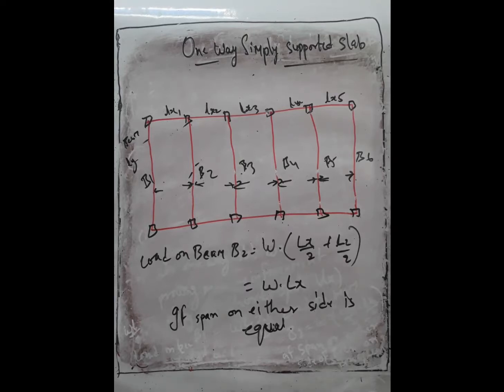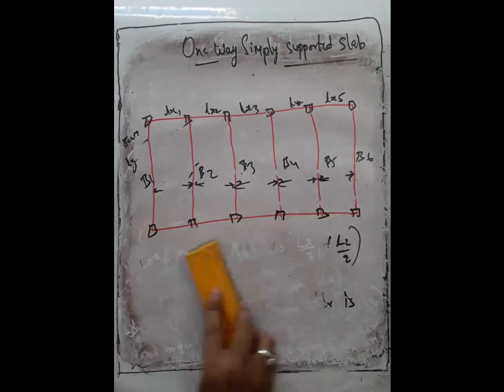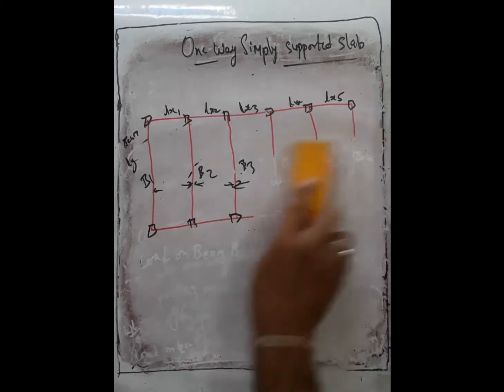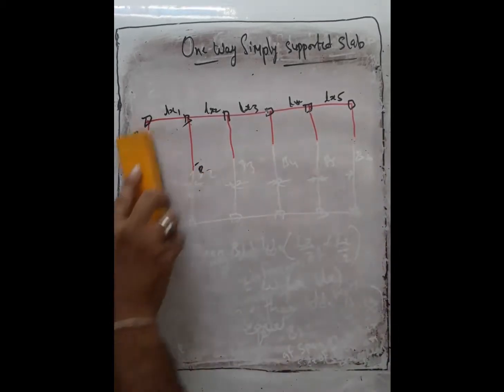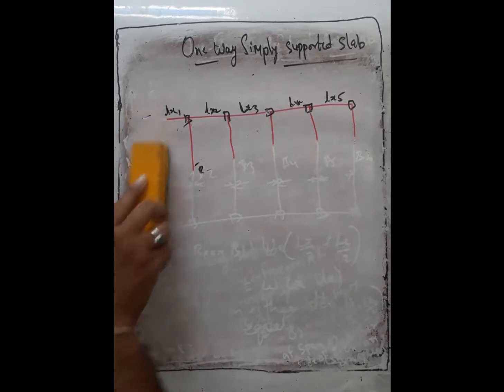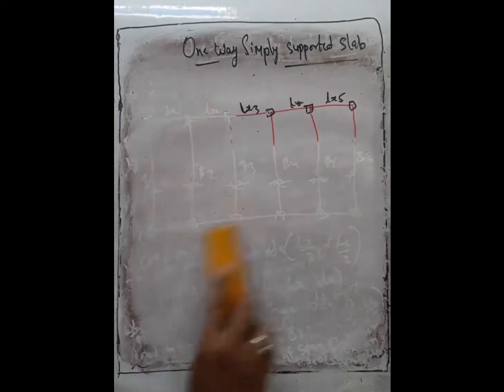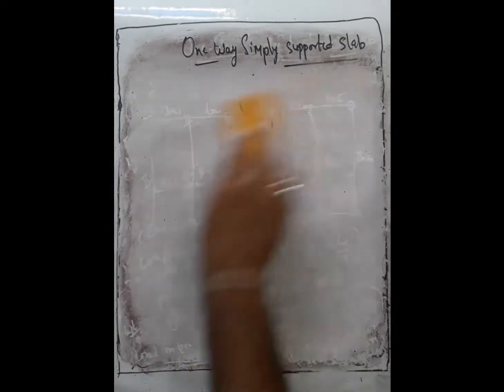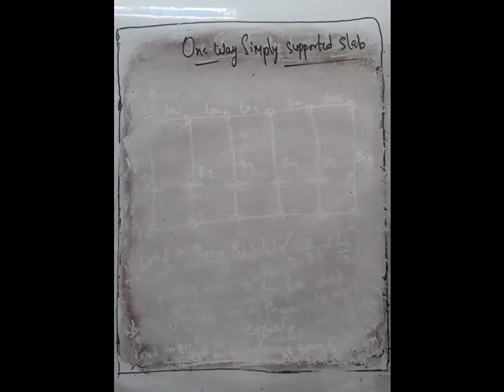Now we take one problem and design the one-way slab, and for that we use the design considerations which we studied in our previous lecture.